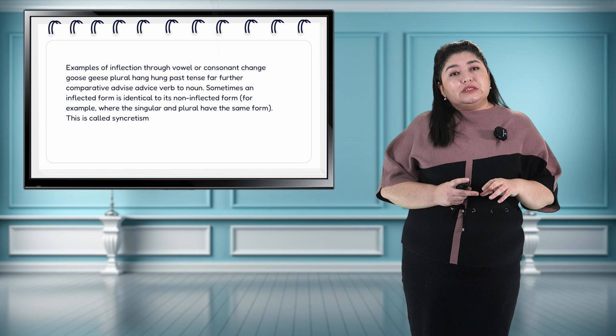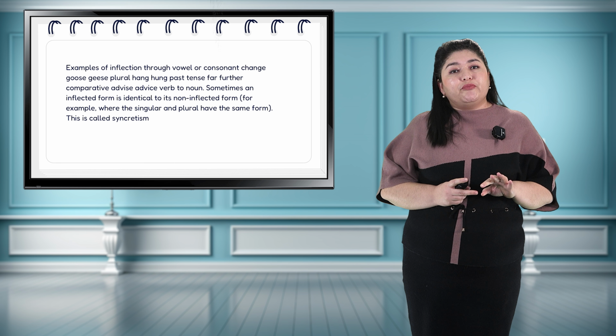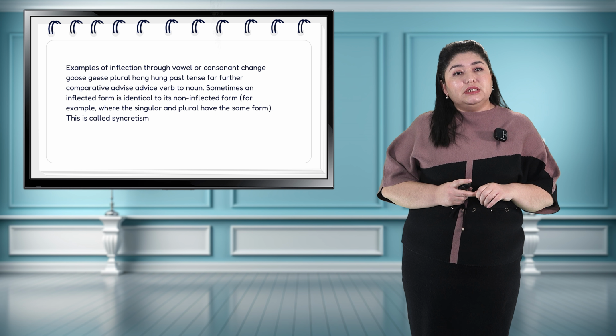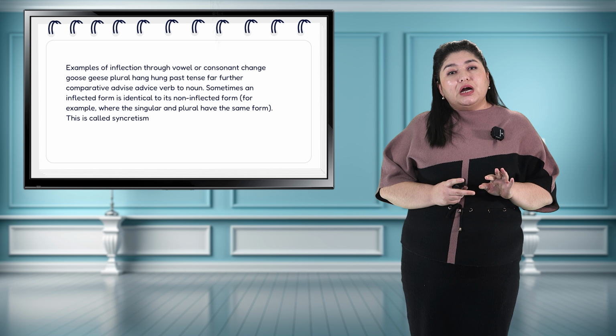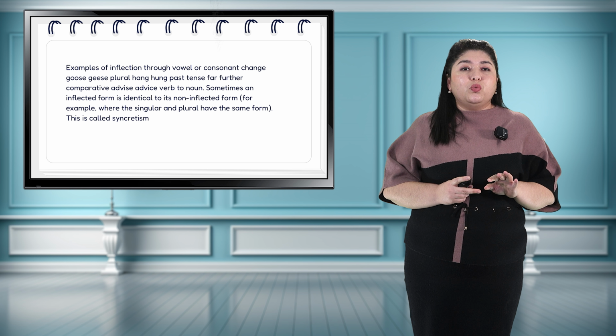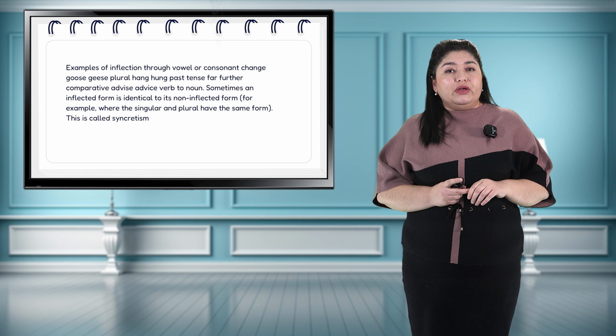Sometimes an alternative word is used for a particular inflectional meaning, a process known as suppletion. Examples of suppletion: be, am, are in present tense, go, went in past tense. Inflections don't change the meaning of a word.